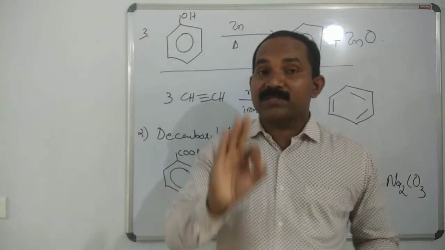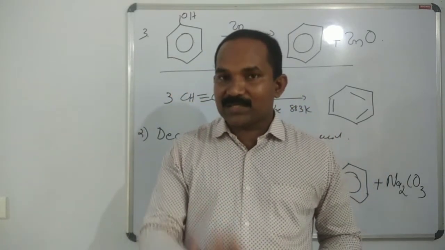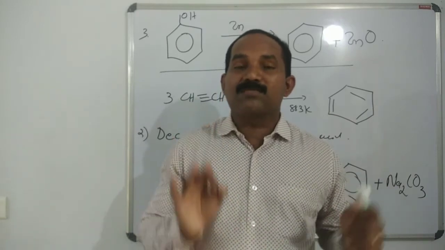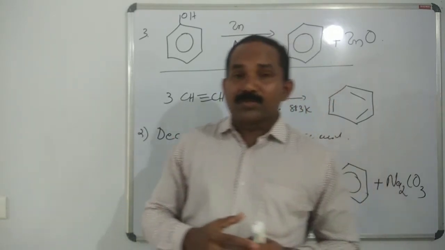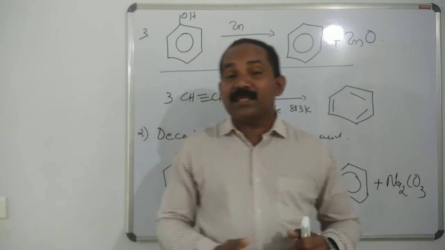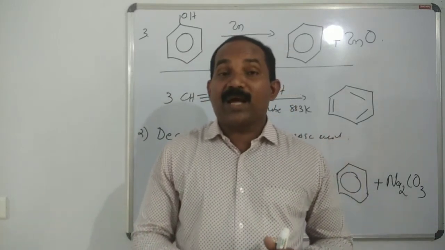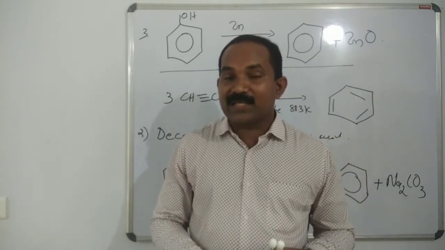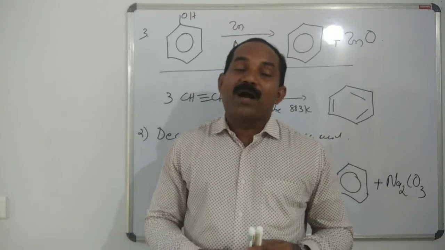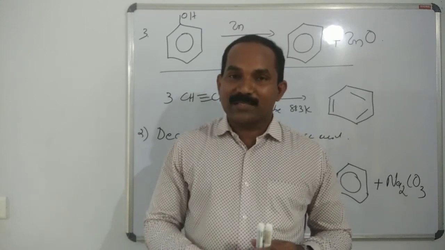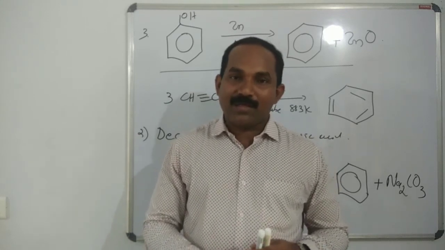Phenol is heated with zinc dust, we get benzene. In the next section we will discuss aromaticity and the physical and chemical properties of aromatic compounds or arenes, especially benzene. Okay, thank you.